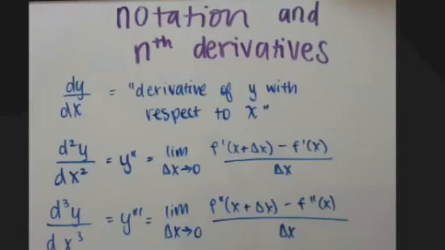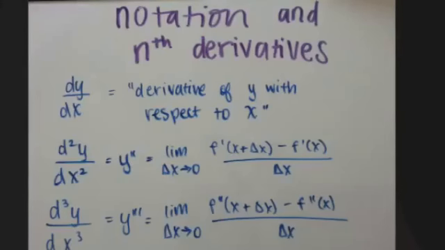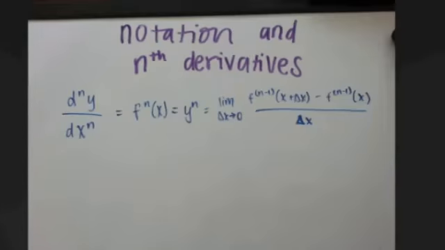We can do a similar process for finding higher order derivatives, such as the third derivative, or d cubed y over dx cubed. We simply take the limit as delta x goes to 0 of f double prime of x plus delta x minus f double prime of x over delta x. The same rule and school of thought applies for the nth derivative.